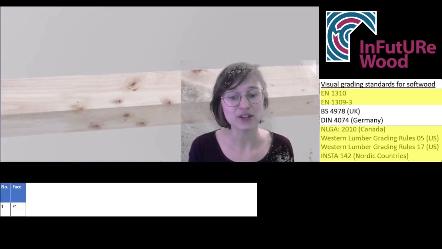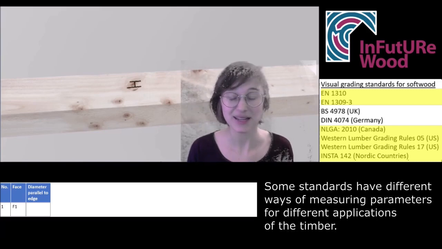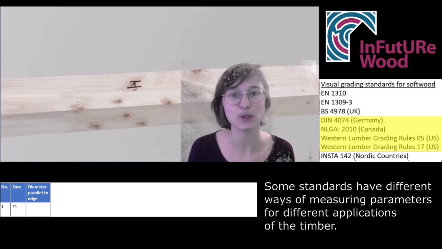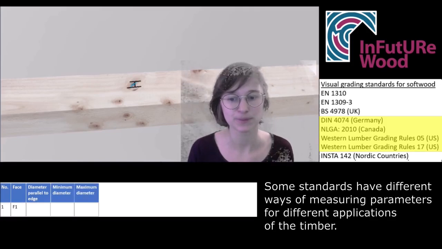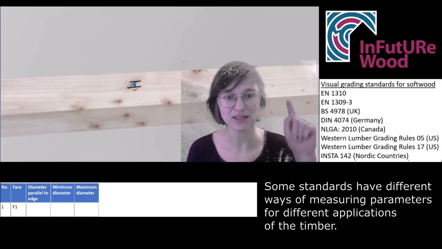First we need to measure the diameter parallel to the edge. That satisfies a number of standards, but for the German, the Canadian and the US standards we also need the maximum and minimum diameters. And of course we do this for all the knots on the face and the edge.